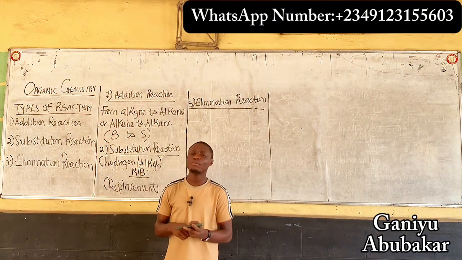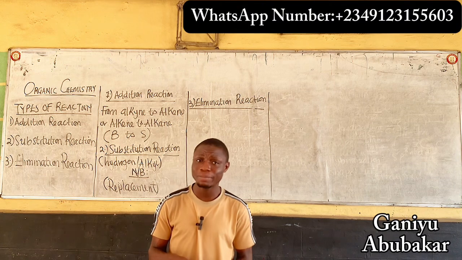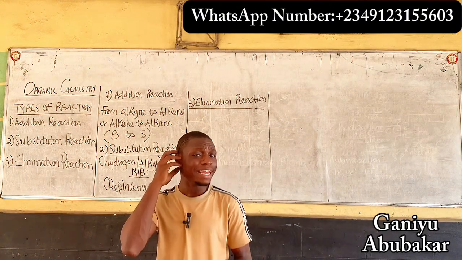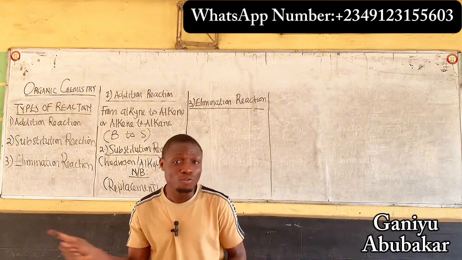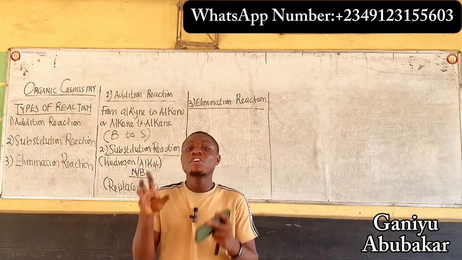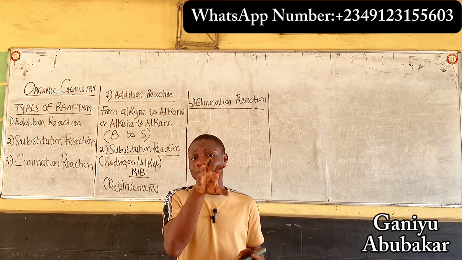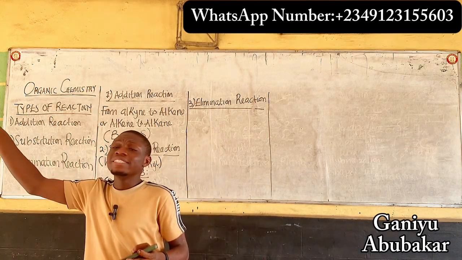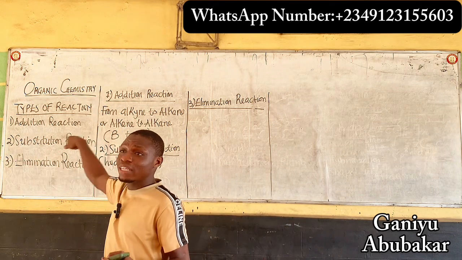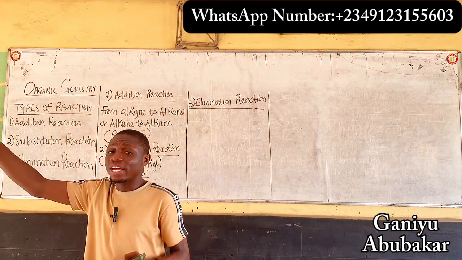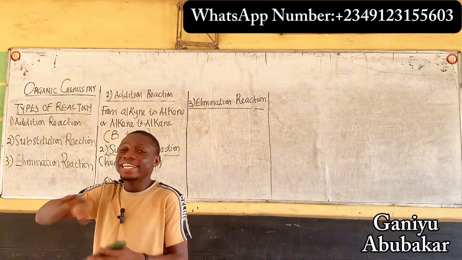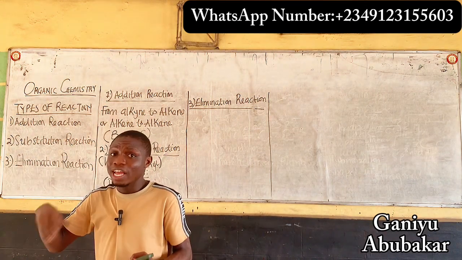By the word eliminate, I mean to remove away. So if they give you a compound where, let's say, chlorine is at one part and in the other part they remove the chlorine away, that kind of reaction is called what? An elimination. They eliminated the chlorine away.